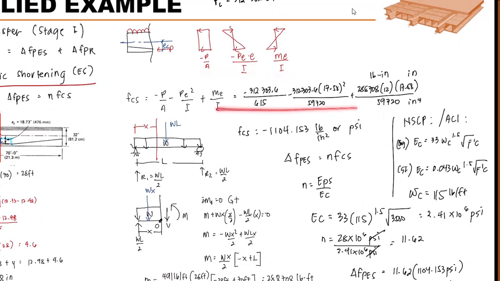So upon performing this one, we calculated yung value ng ating fiber stress or yung stress natin at the location of the center of the steel, no? And then we just calculated yung value ng FPES, okay?